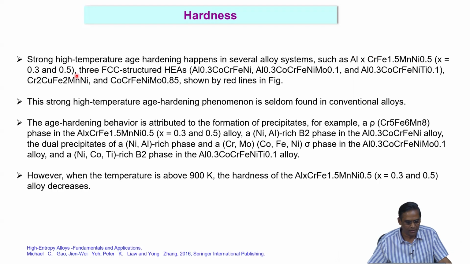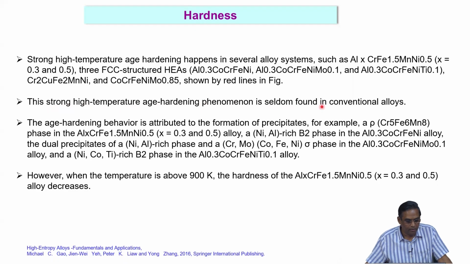So, if you vary the aluminum content from 0.3 to 0.5 in this aluminum, chromium, iron 1.5, manganese, nickel 0.5 alloy, all these are FCC structured high entropy alloys, these three high entropy alloys. They have shown a very strong high temperature age hardening.